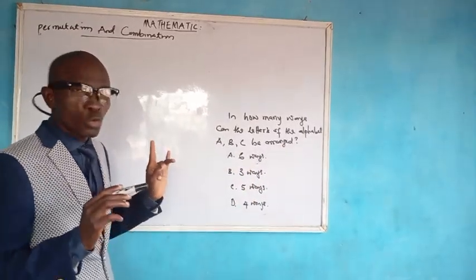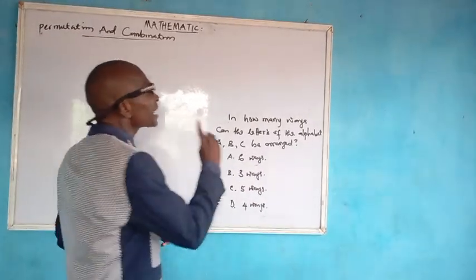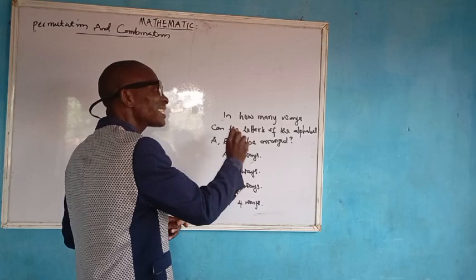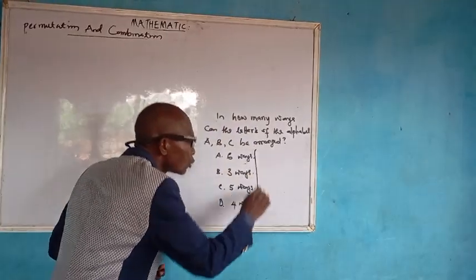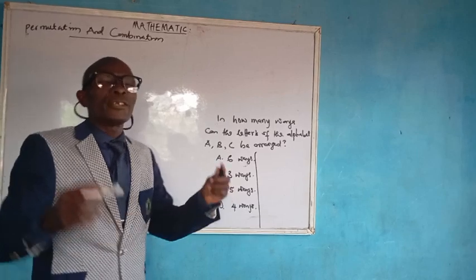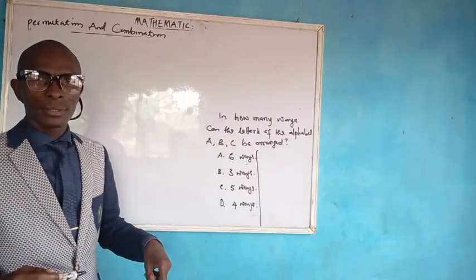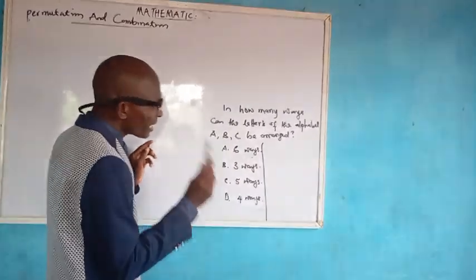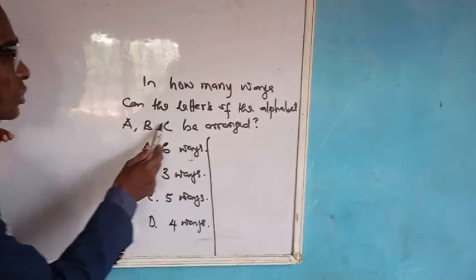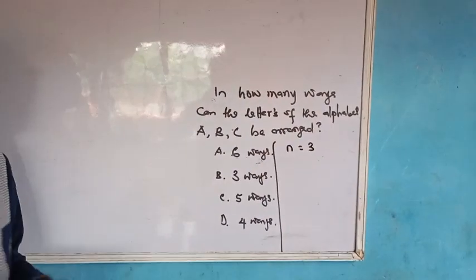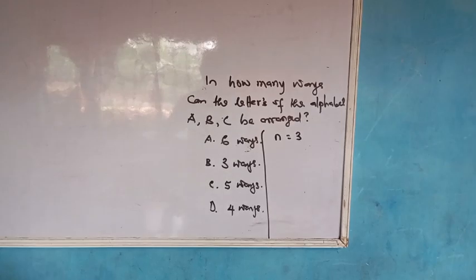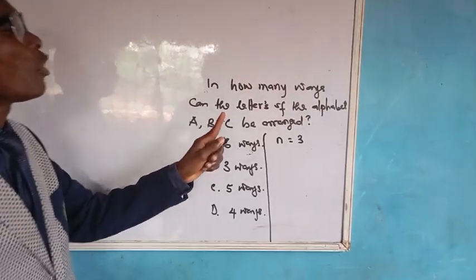First of all, you look at the number of alphabets. How many alphabets are there? 1, 2, 3. The number of alphabets is 3. There are 3 alphabetical letters there. So how do we now find the number of ways?